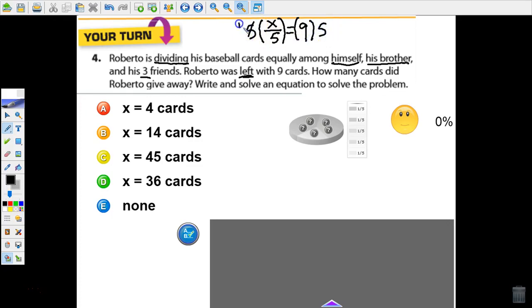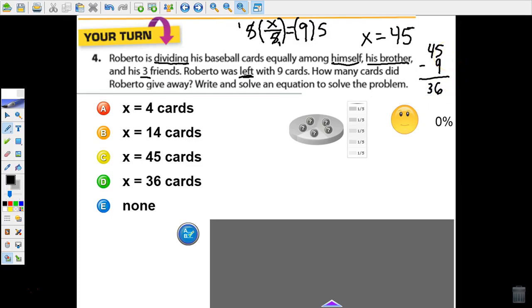The 5s turn into 1s. So now I have x equals, what's 5 times 9? 45. But I've got 45. He kept 9 cards for himself, didn't he? So we're gonna do 45 minus 9, and that gives me 36 cards that he gave away.